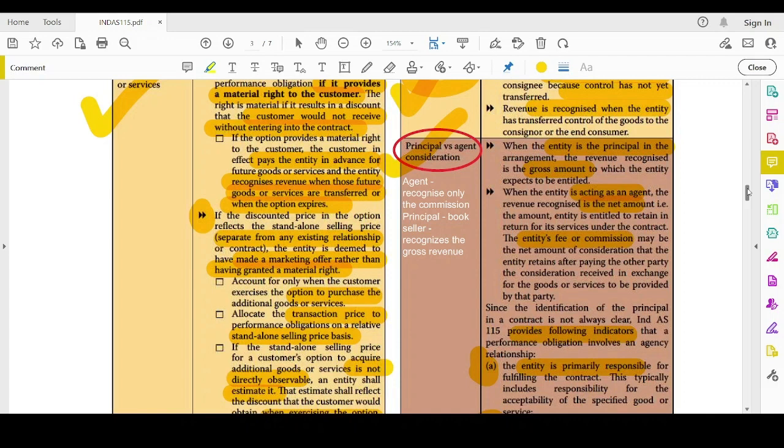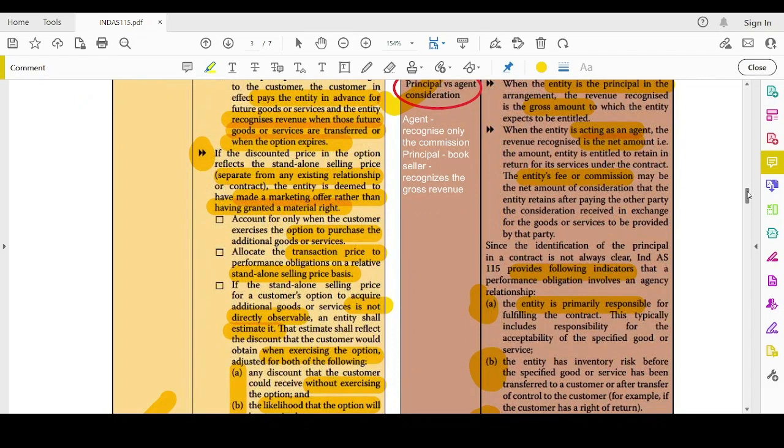This means I have just made a marketing offer and have not granted any material right to the customer. Am I right? Because both the standalone selling price of the servicing and the invoice amount are the same, it is just a marketing offer and doesn't give any material right to the customer.